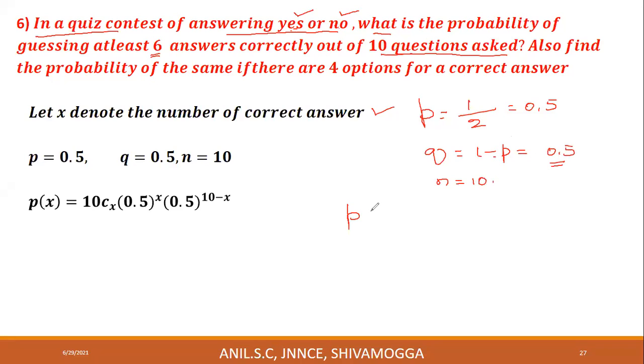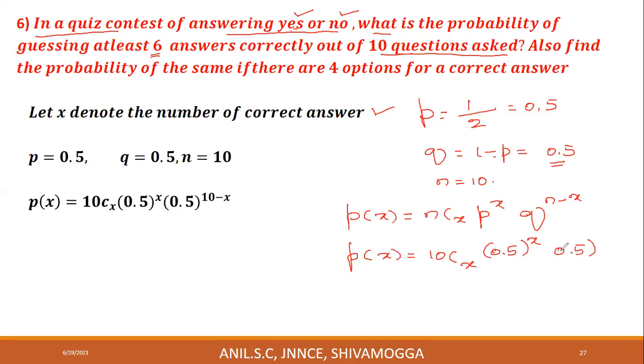Therefore, the probability function is P of x is equal to nCx into P power x into Q power n minus x. Substitute: P of x is equal to 10Cx into 0.5 power x into 0.5 whole power 10 minus x.